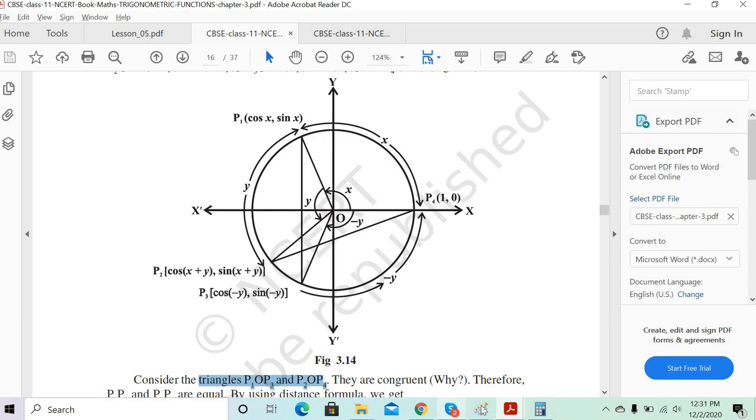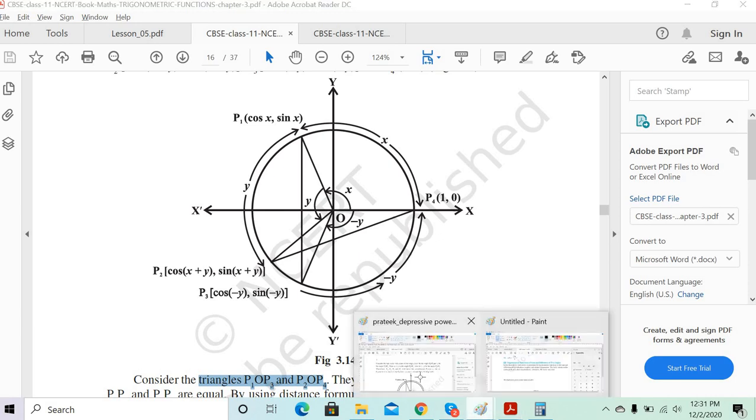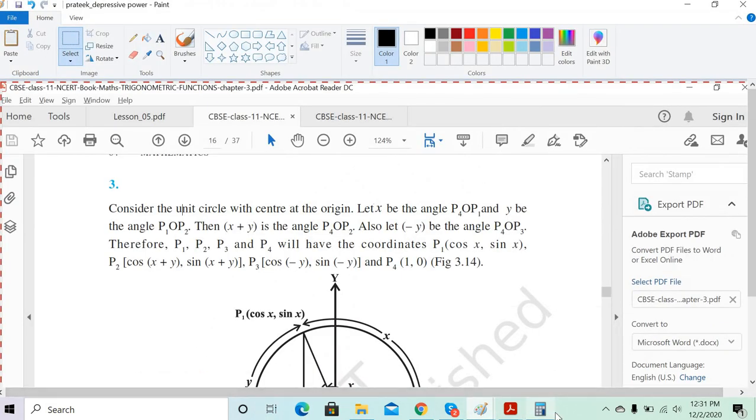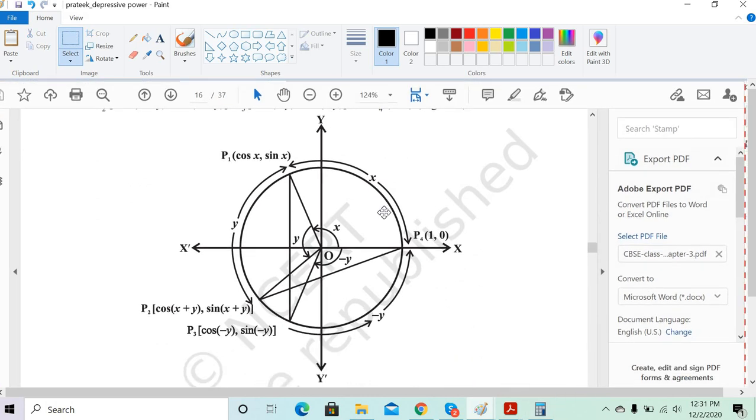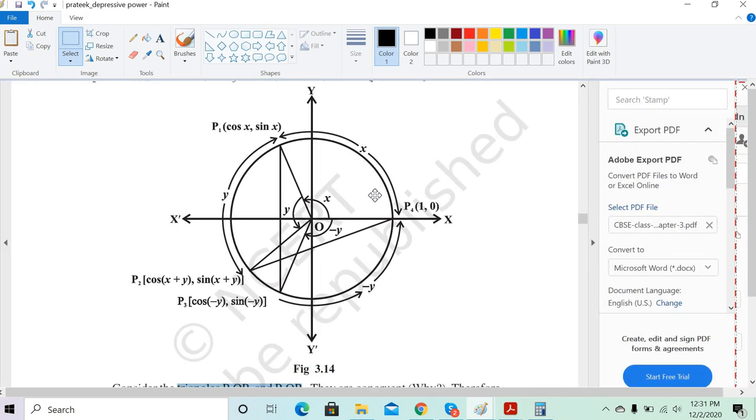So can we say that OP4 is equal to OP1 or OP2? Yeah, it's a radius.